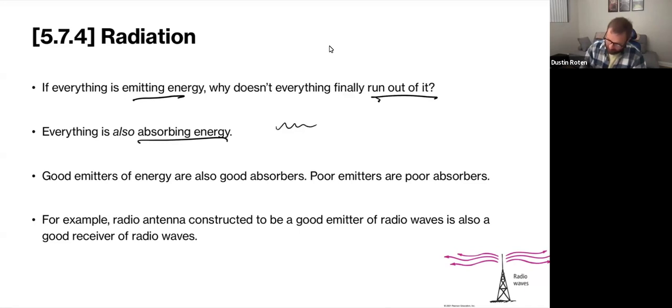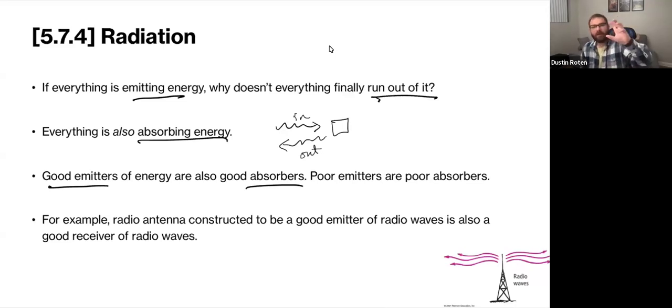So you always have in and you always have out. Now, the wavelengths of these change all the time, but you always have an in, you always have an out. So good emitters of energy are also good absorbers. And vice versa, poor emitters are poor absorbers.